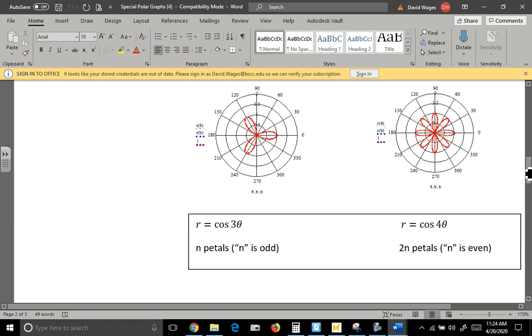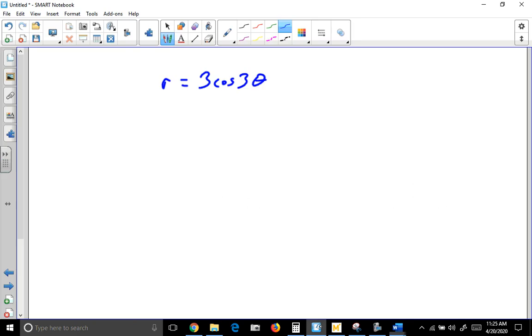If we have a number times cosine of any number times theta, if the coefficient of theta is odd, then that's how many petals we have. If the coefficient of theta is even, we have twice that number of petals. So for this one, since that number is odd, we have 3 petals.